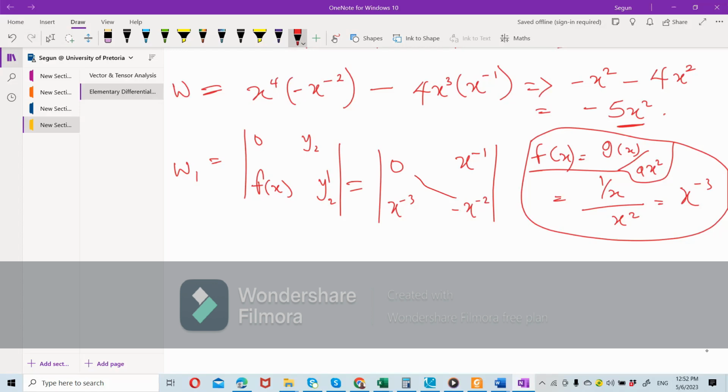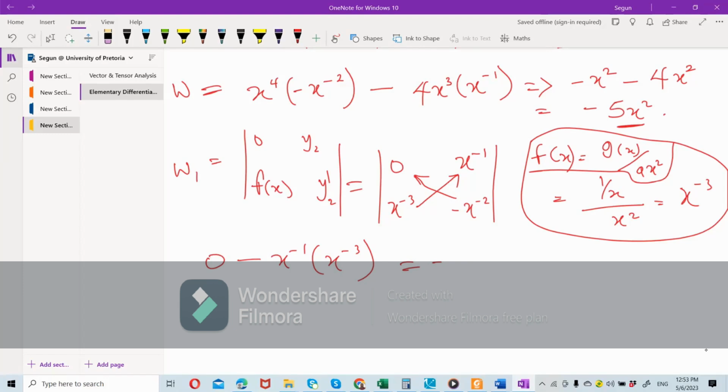All you need to do is just to cross multiply the way we did in the other one. This will be 0 minus s raised to the power minus 1 into s raised to the power minus 3. So what do we have? So we are going to have s raised to the power minus 1 all over x raised to the power 4.